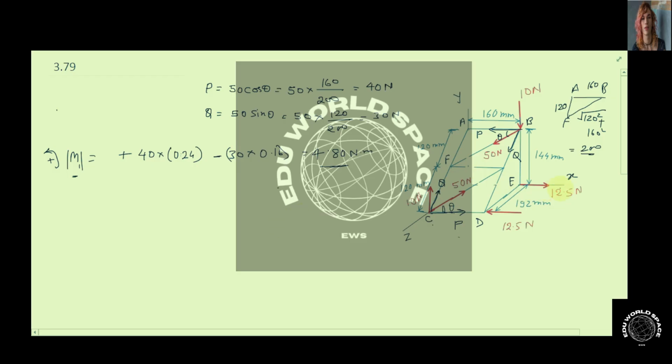For that, we will draw the side view of this wedge. From the side view, it will be a triangle. So this triangle, this point will be B, this is E, this is D, this length is 144 mm, this length is 192 mm, and this will be the perpendicular to the plane ABCD.